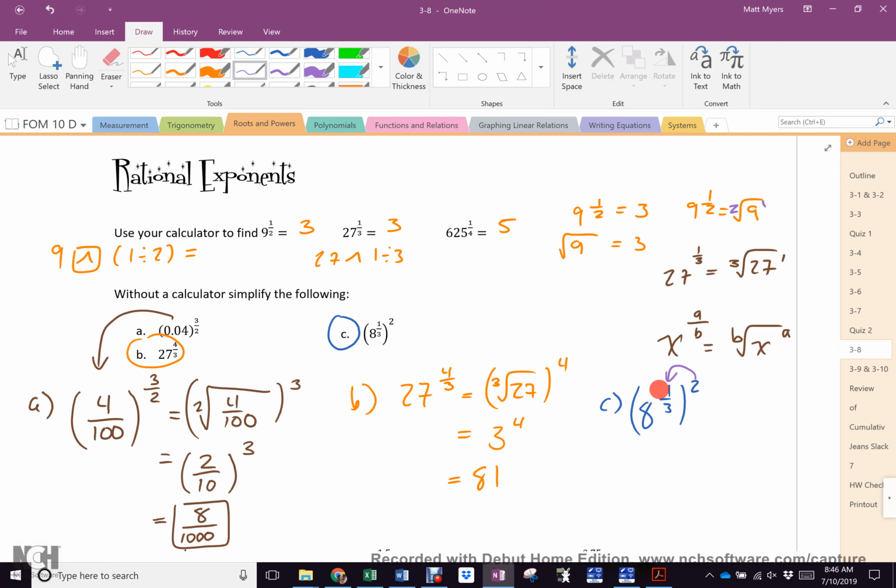Who decides how you approach a question? You do. All I do is give you the tools to do so. Have I taught you how to deal with exponents over brackets? Yes. Have I taught you how to deal with exponents that are fractions? Yes. So you make the choice. What should we do first?